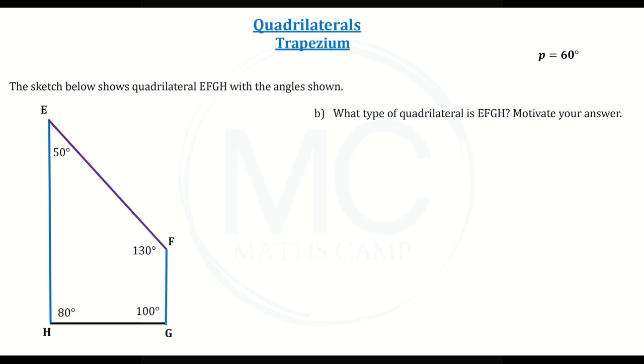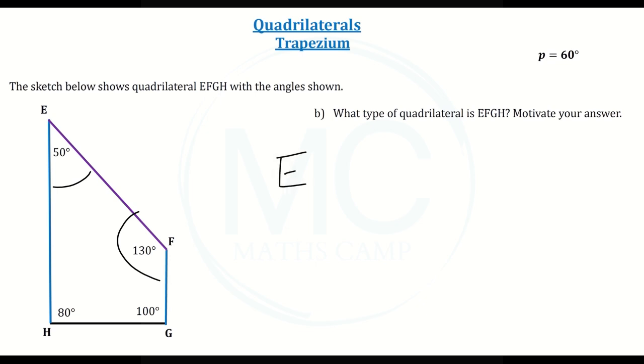Now, if EH is parallel to FG, then co-interior angles will be supplementary. Angle E and angle F both sit between the parallel lines on the same side of the transversal line. So let's see if these angles add up to 180 degrees.